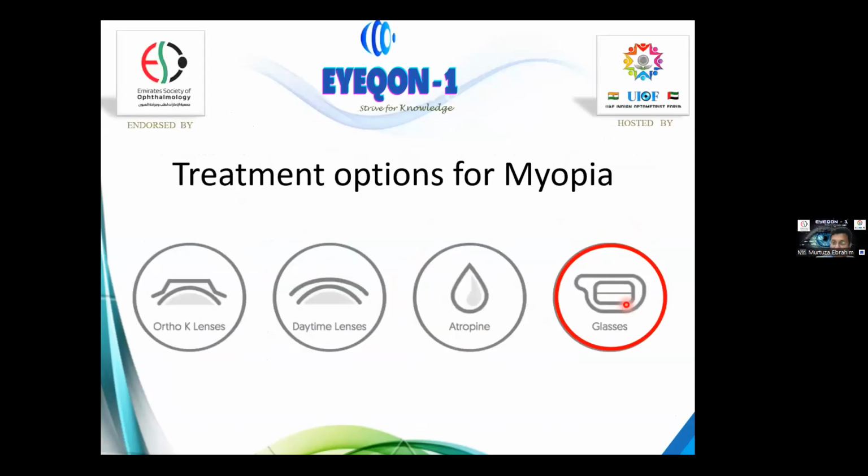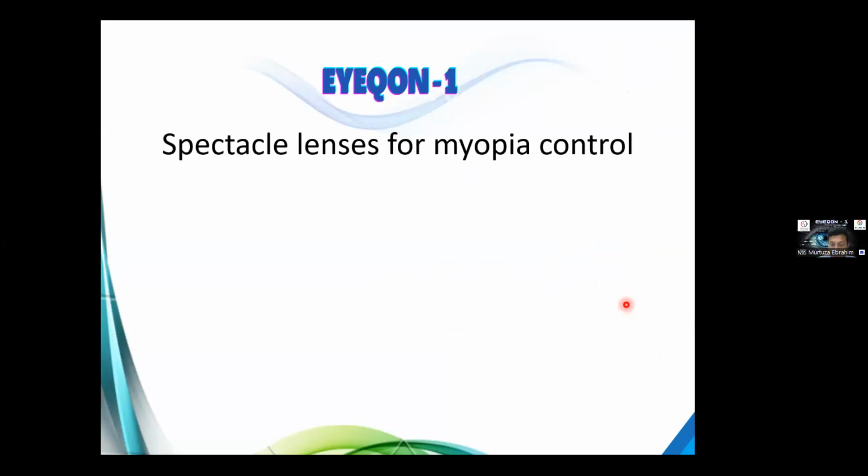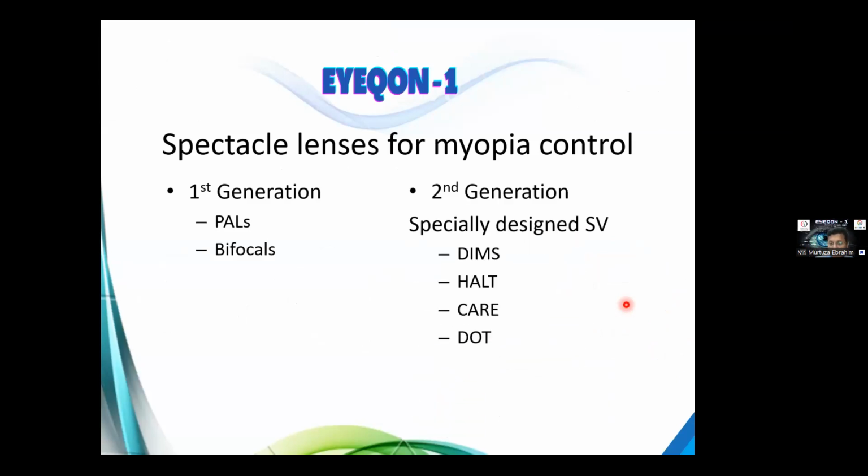Now, the main agenda for my presentation is to focus on the treatment option, which is the spectacle option for myopia, and I'll be briefing on that. To keep it very simple, the spectacle lenses for myopia come in 2 generations. The first generation is the progressive addition lens and bifocal, and the second generation is lenses specifically designed, which, for a simple understanding, I would call a single vision lens.